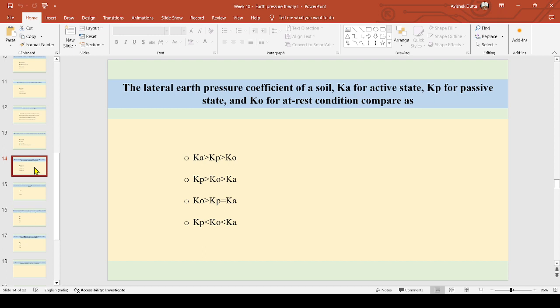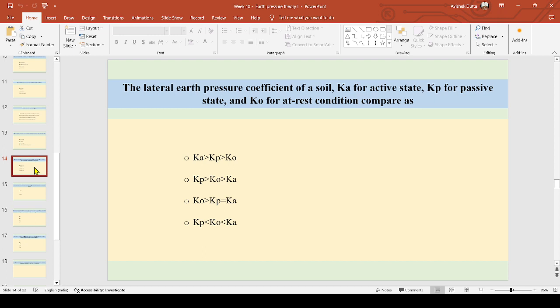The first option is Ka more than Kp more than K0. That is, coefficient of active earth pressure is more than the coefficient of passive earth pressure, which is further more than the coefficient of earth pressure at rest.